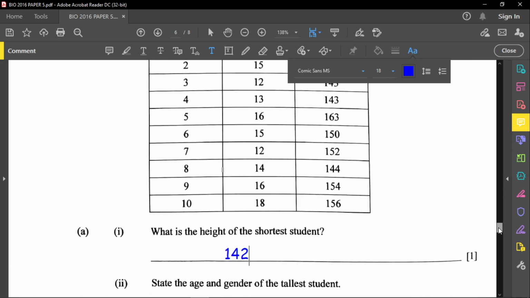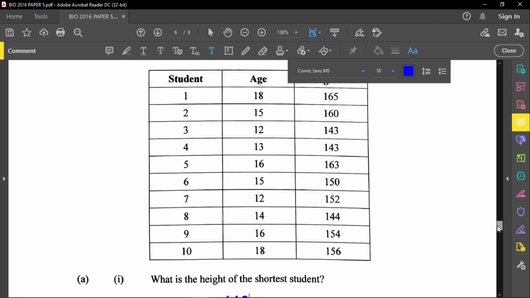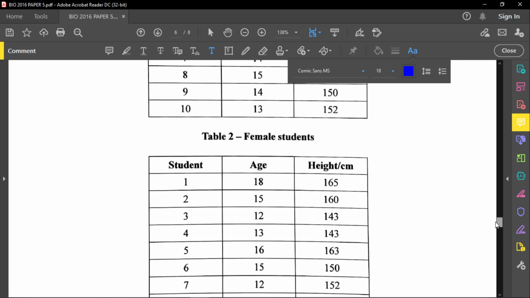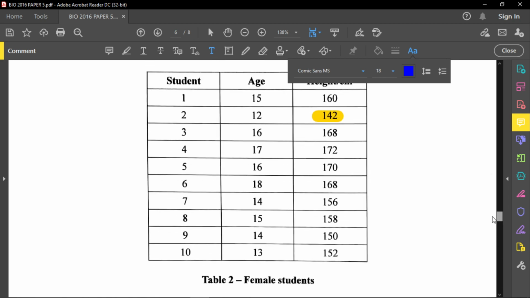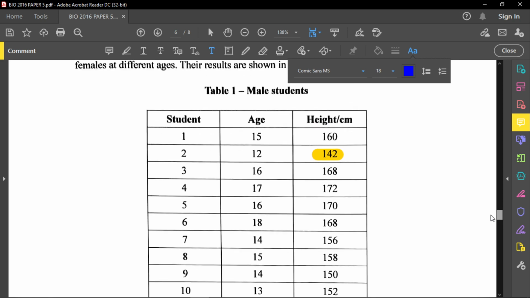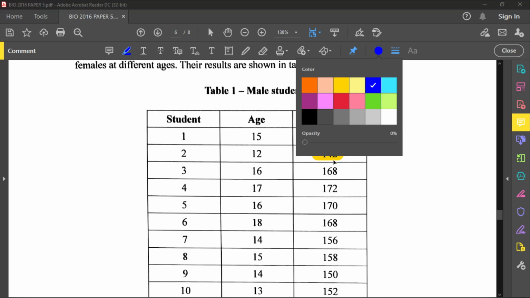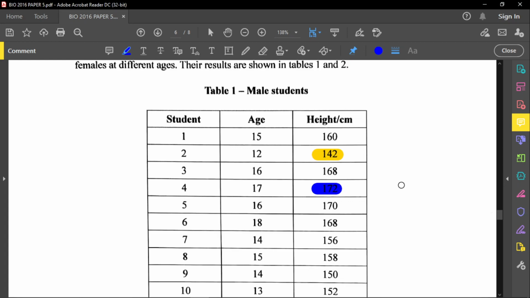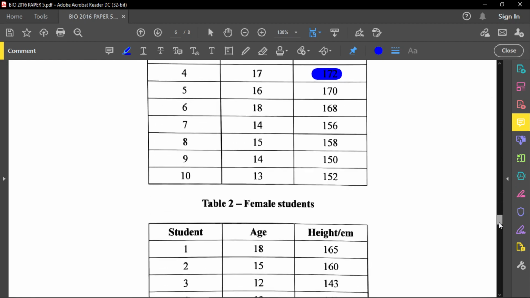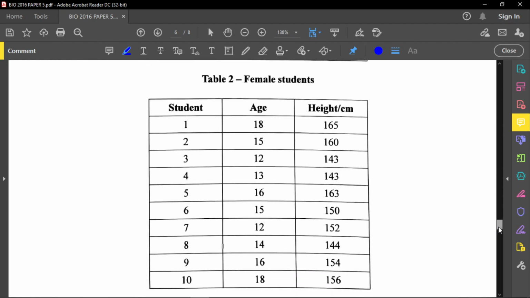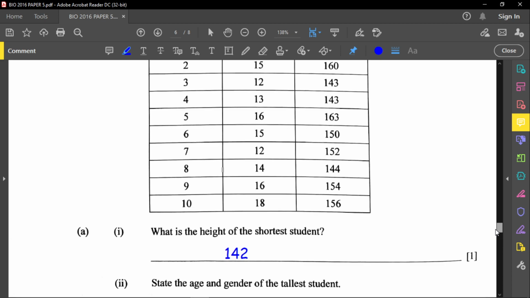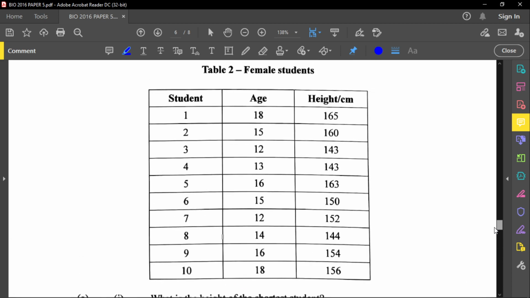We get 165, and going up, 168, so 172. Yeah, 172 is the tallest person. Let's put that in. So 172, and it is a male.